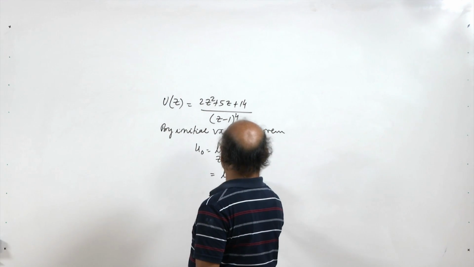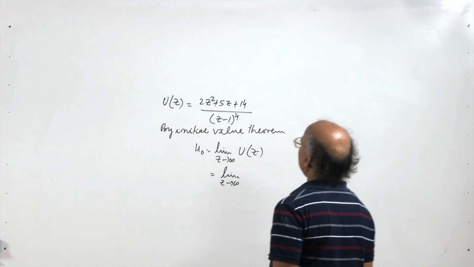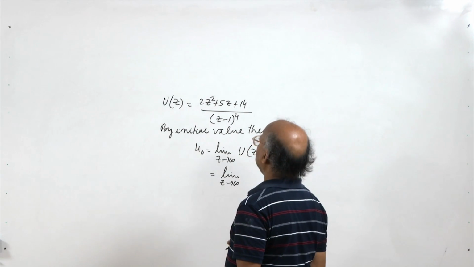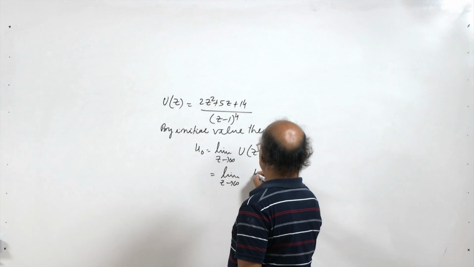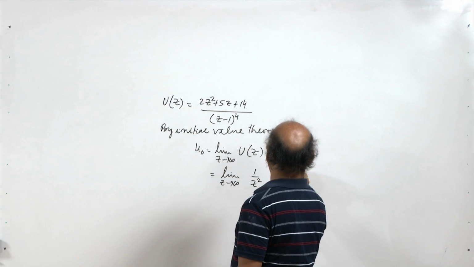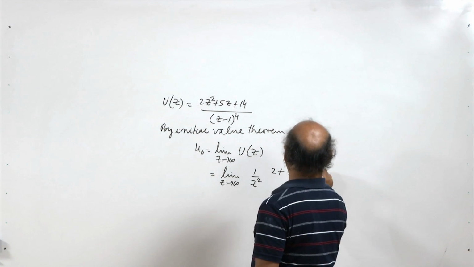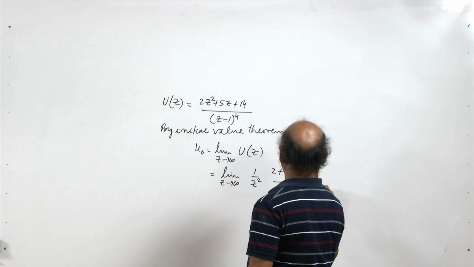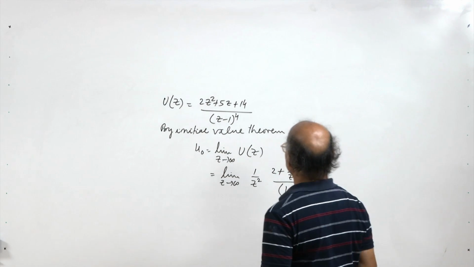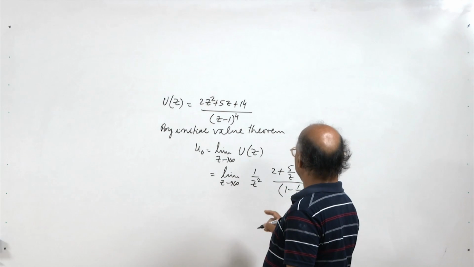Now Uz can be written as follows: in the numerator we have a polynomial of degree 2 in z and the denominator has a polynomial in z of degree 4. So, I can write it as 1 by z square times (2 plus 5 by z plus 14 by z square) divided by (1 minus 1 by z) to the power 4, on taking z square common from the numerator and z to the power 4 common from the denominator.